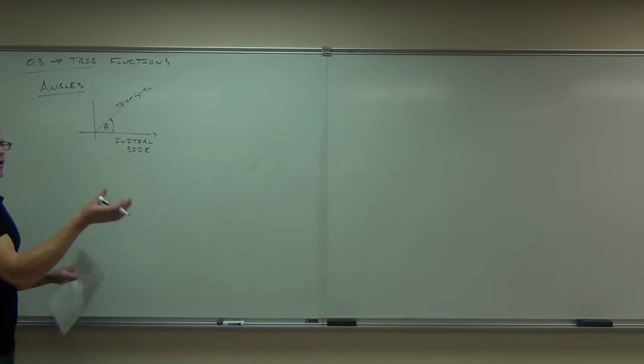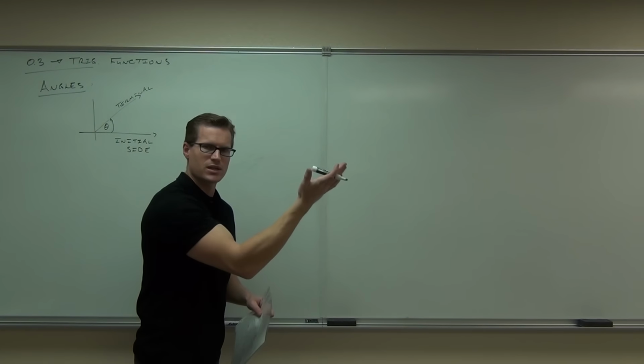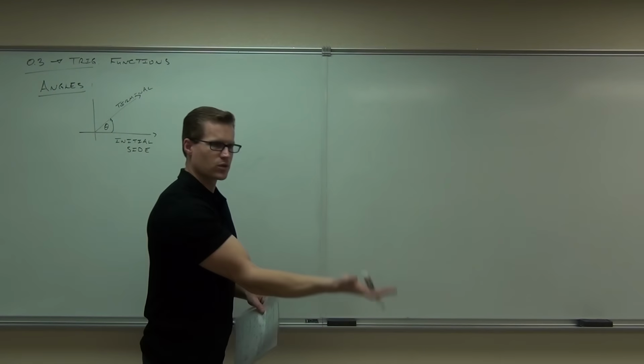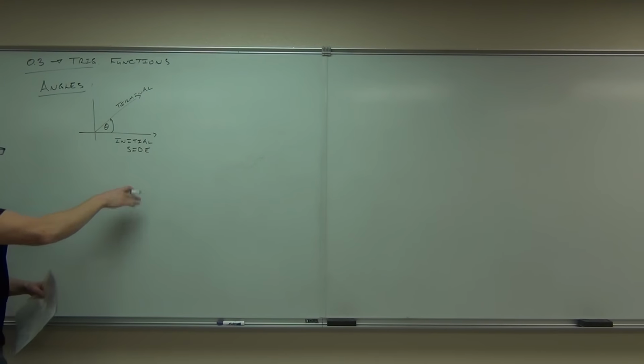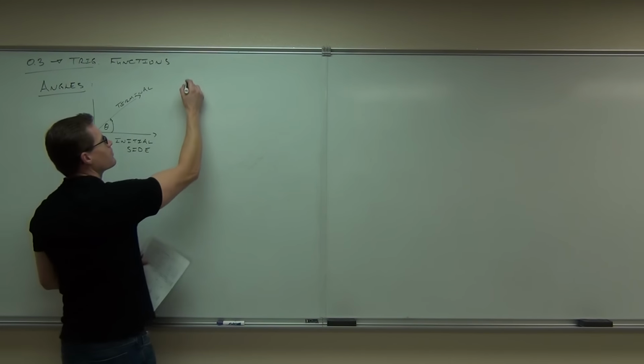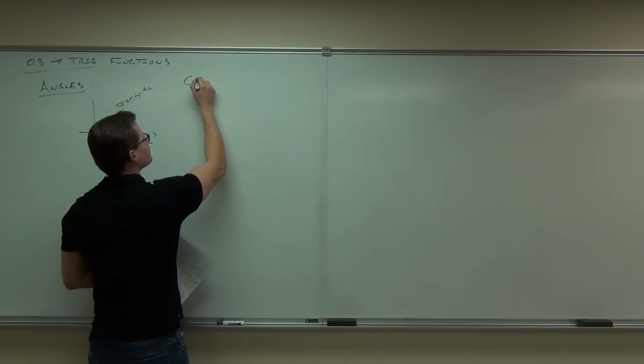Anyway, now if we're going to start at the x-axis and go counterclockwise, which is the positive angle measurement? Clockwise or counterclockwise? So going this way, counterclockwise gives us positive angles. If we go this way, clockwise, that gives us our negative angles. So counterclockwise rotation gives us our positive angles.